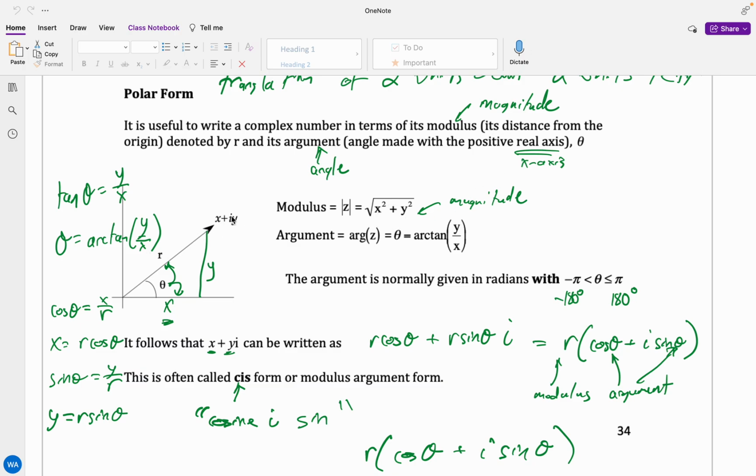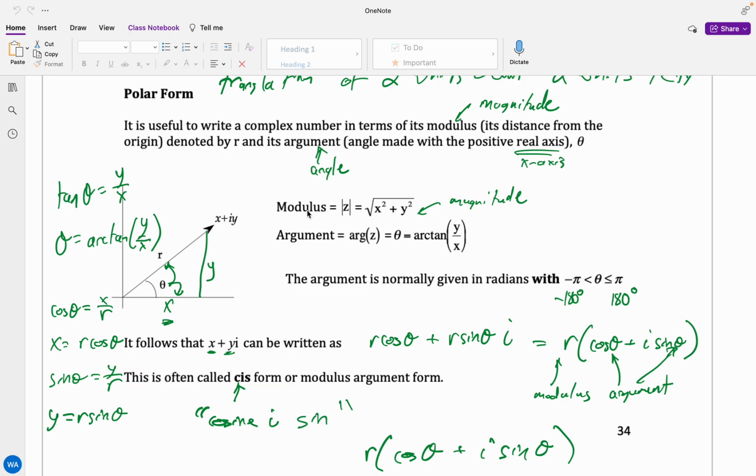And so in order to represent this point, x plus iy, instead of going right and up, we're saying it rotates this angle and has a length of this line. Some important terminology: modulus is what we call the length of this line.